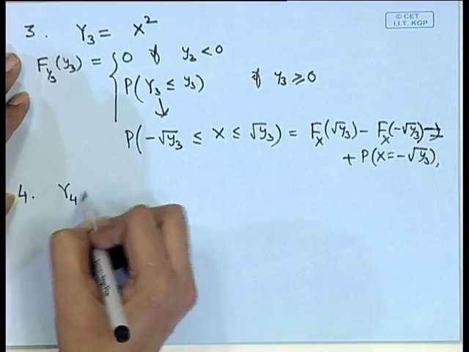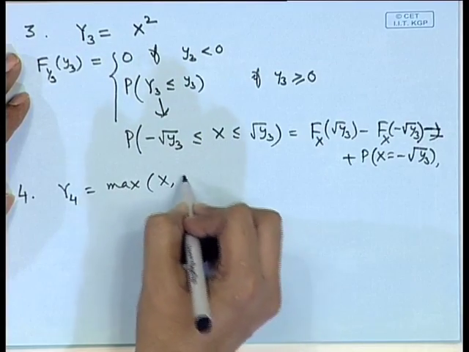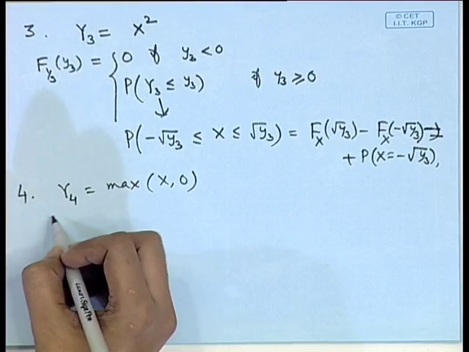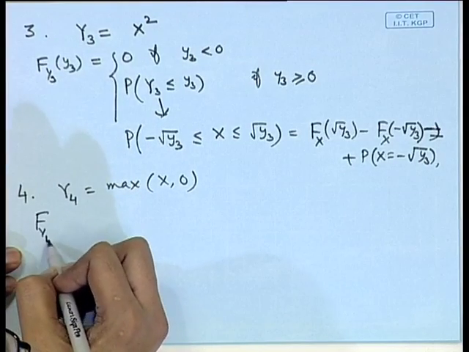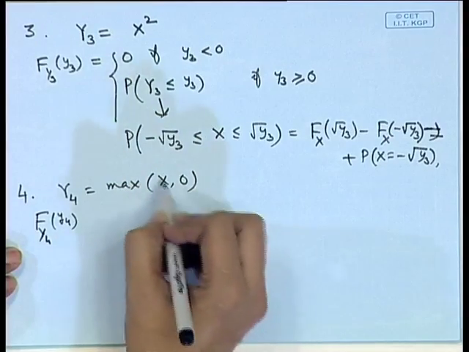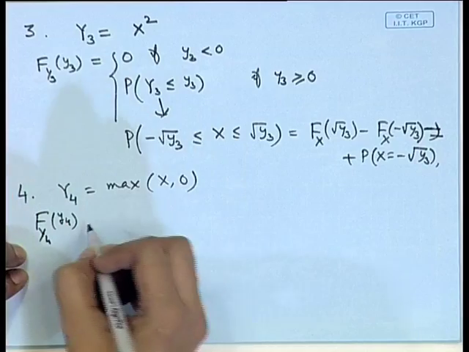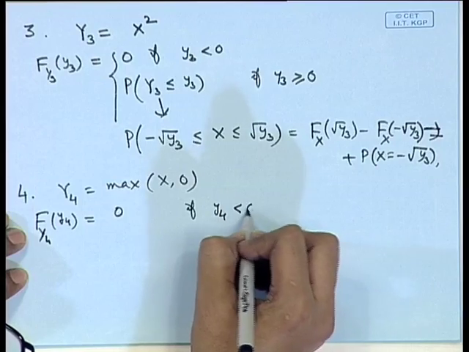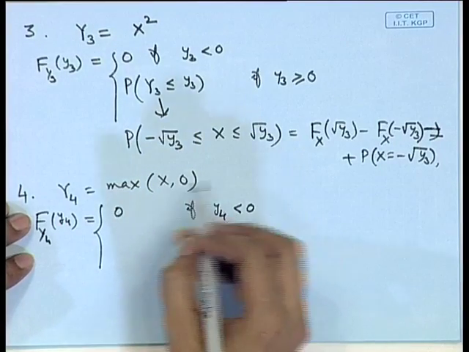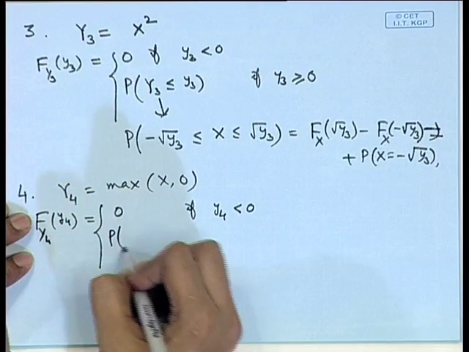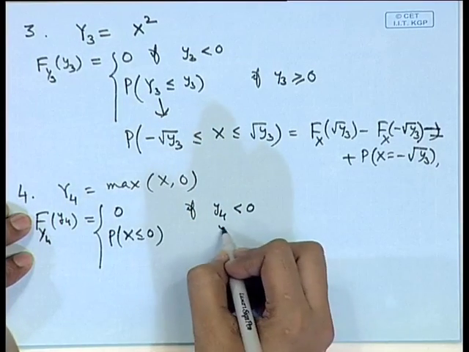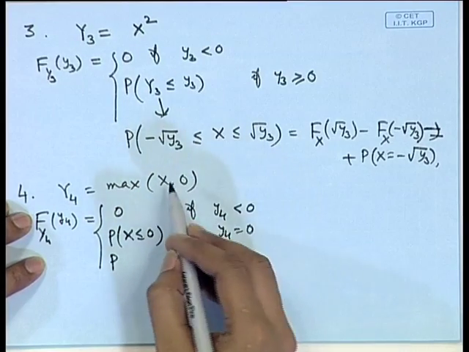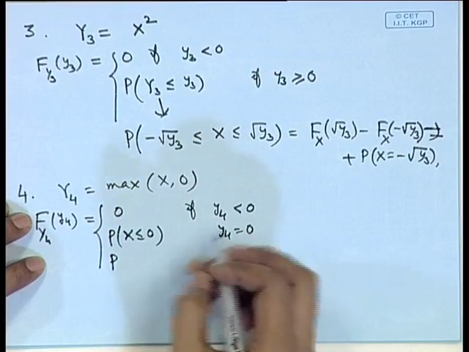Let us consider, say, function y 4 is maximum of x and 0. So, here F of y 4, once again you can notice here that this random variable is also non negative. So, this will be 0 if y 4 is negative. If y 4 is equal to 0, then this is simply probability of x less than or equal to 0, and if I consider y 4 positive, then it is the probability of x less than or equal to y 4.